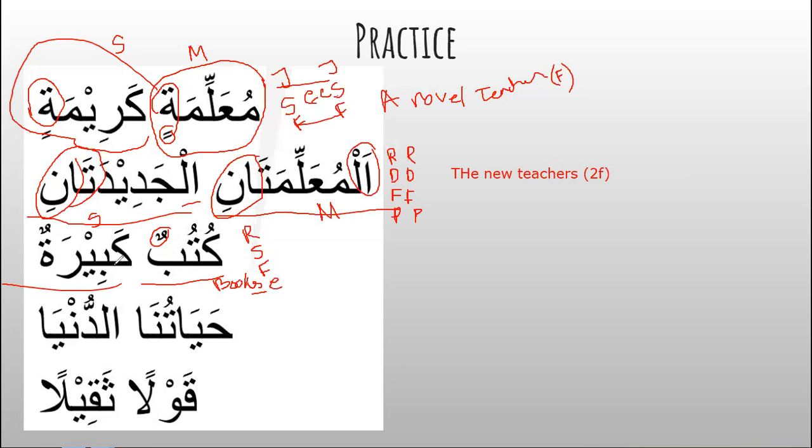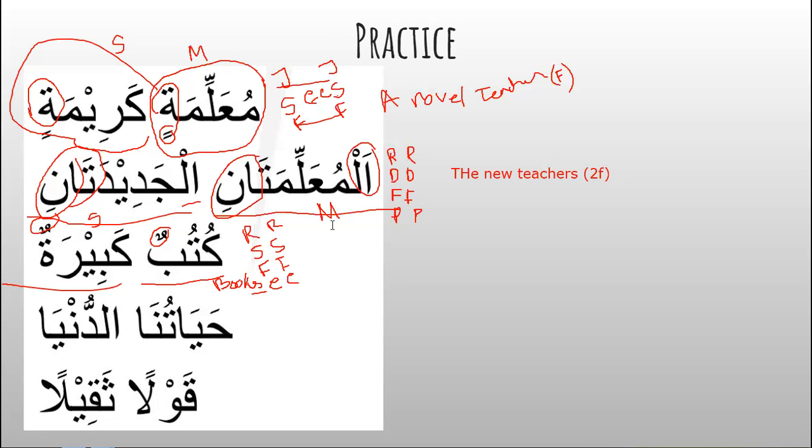Now come to kabiratun. You can see it's rafa because of the un at the ending, and it's singular and feminine because of the tamarbuta, and there is no reason to be proper, that's why it's also common. So all four properties match. So how are we going to translate it?